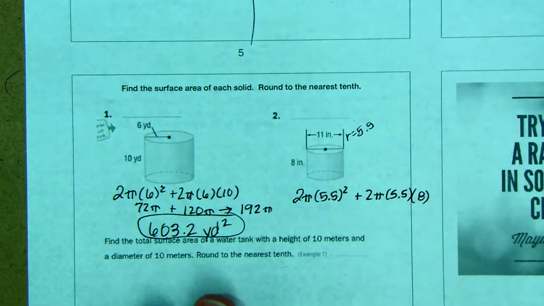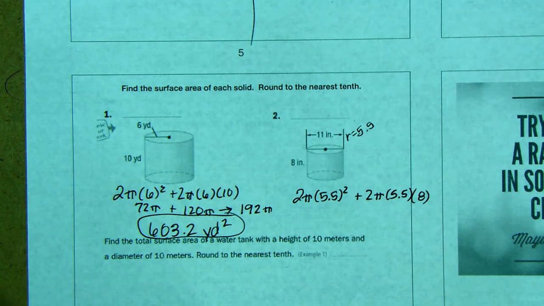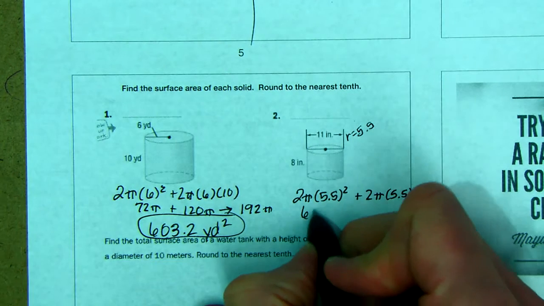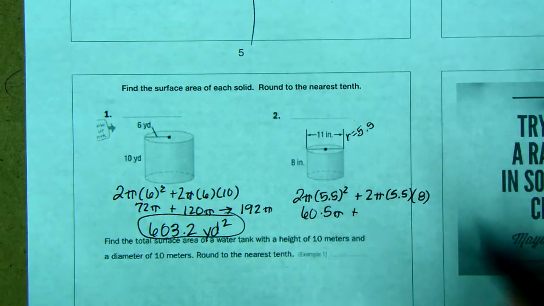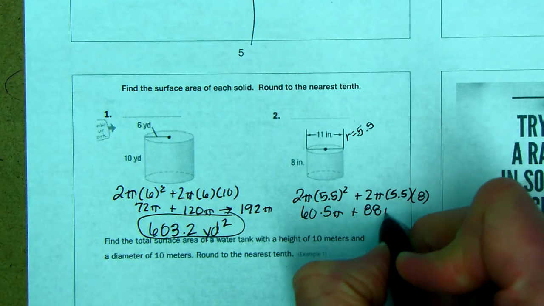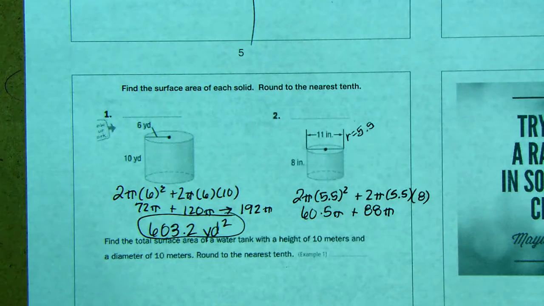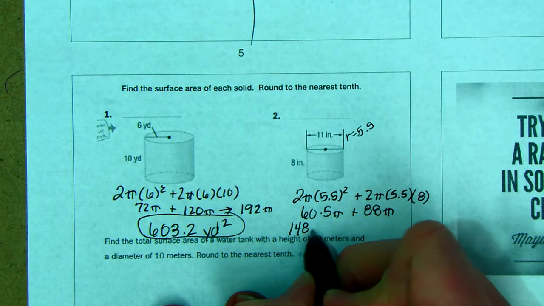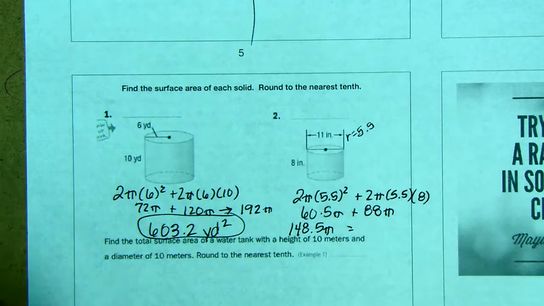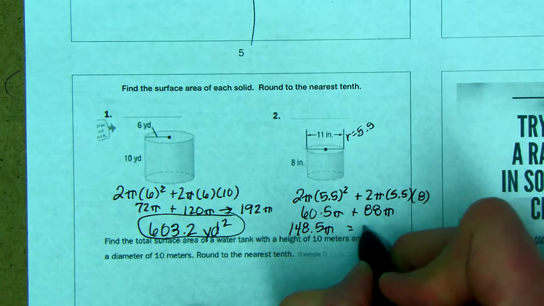So we've got 60.5 pi, and then that's 88 pi. So 60.5 plus 88 gives me 148.5 pi, which then is 466.5 inches squared. There you have it.